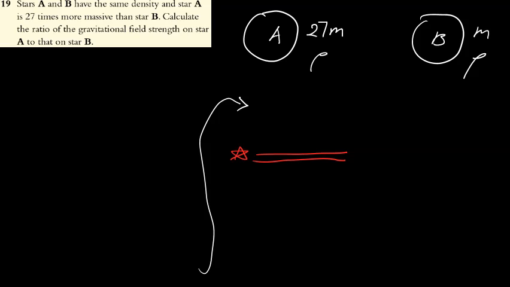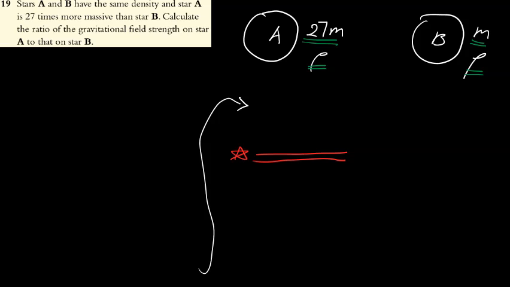It tells you that this time they have different mass. For A it is 27 times greater than B, so that's why I put 27m and one small m for B. And for the density, they will have the same density, that's why I put the rho here. And it asks you to calculate the ratio of one g over the other g.